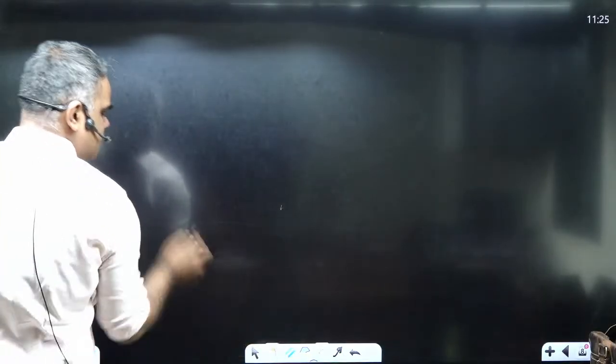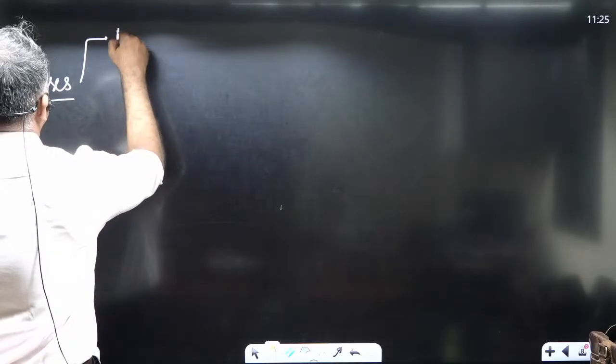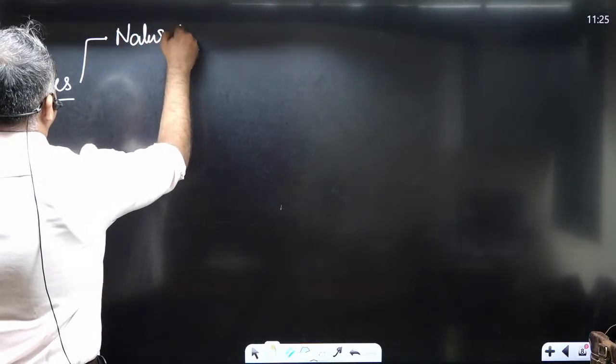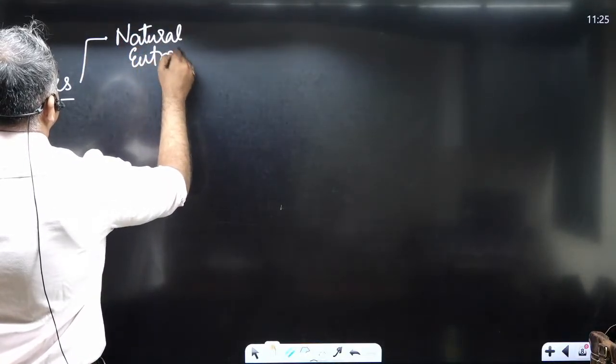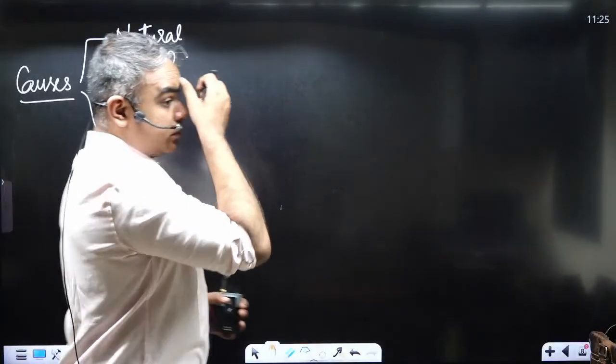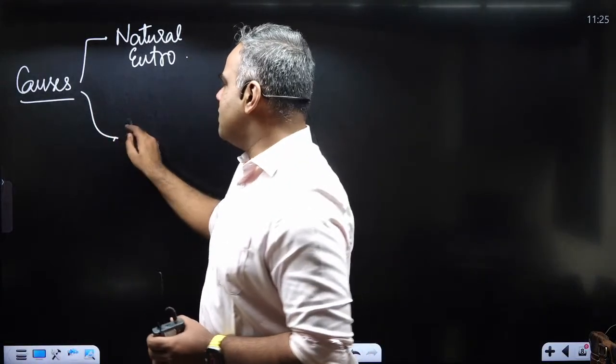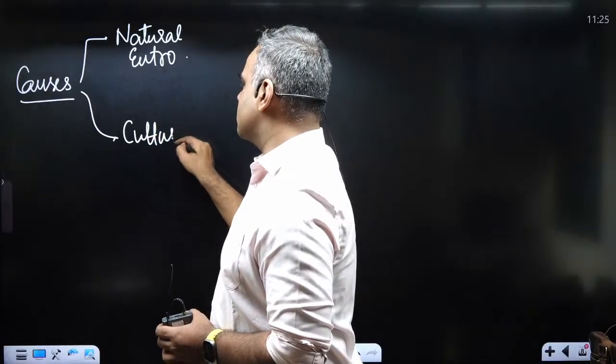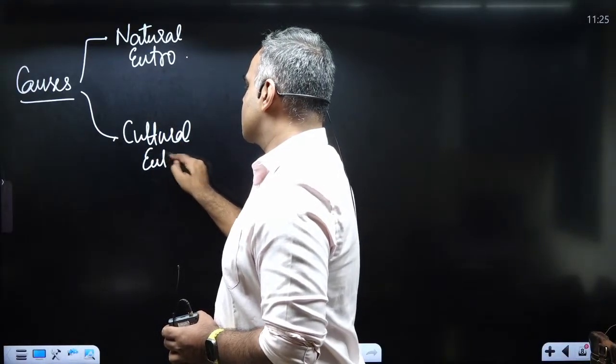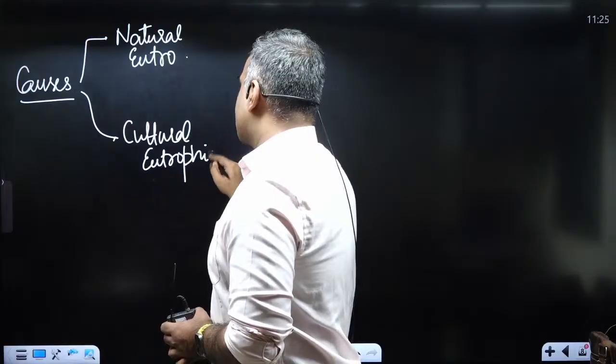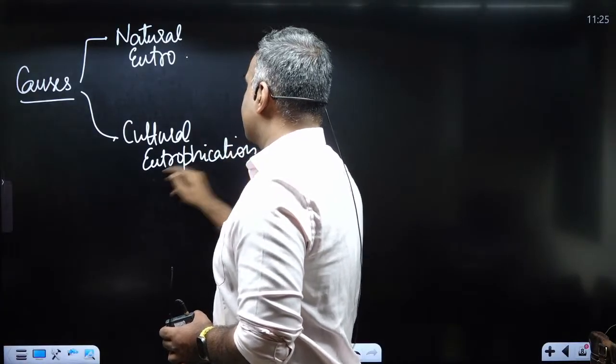Then write causes. Causes को भी हम simple लिखेंगे. Causes, you will write it in two terms. One is natural eutrophication. And second, man-made को हम बोलते हैं cultural eutrophication. So natural and cultural eutrophication.